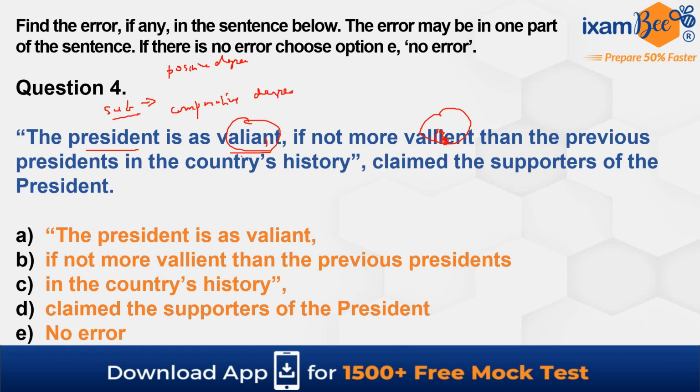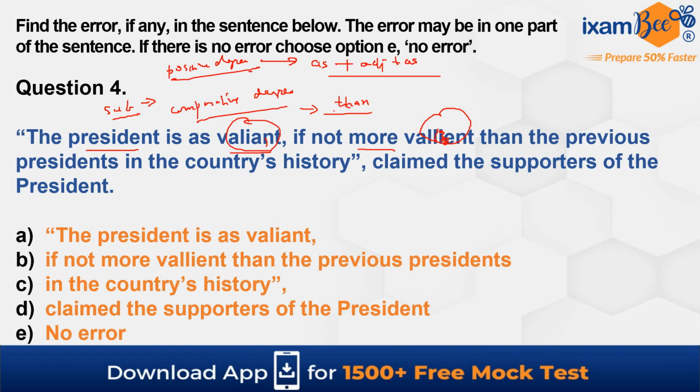So you have "as valiant," and then you have "more valiant than," right? You see that we're using "more" with this adjective. Whenever you have a subject that's being qualified by one adjective in different degrees, the positive degree must comprise "as plus adjective plus as," and the comparative degree must have "then" with it.